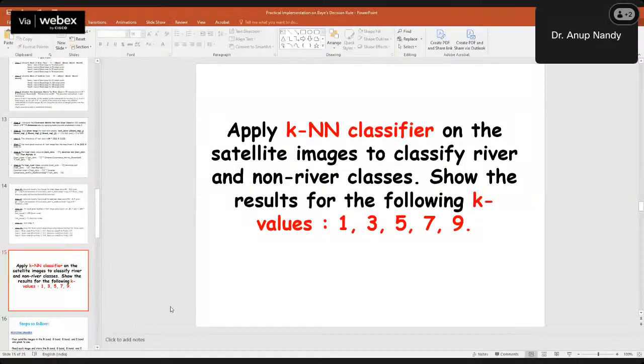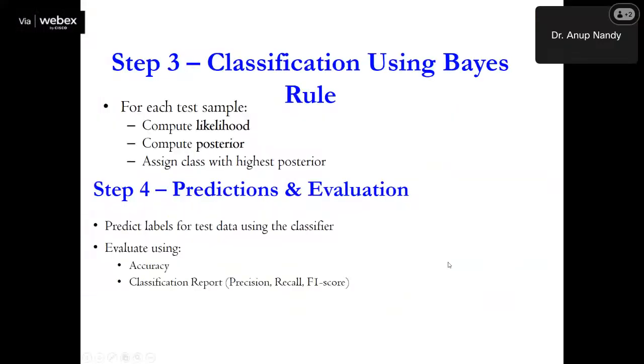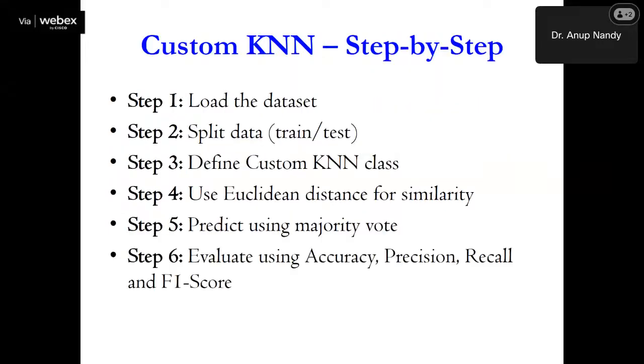Now I'll explain this portion, that you have already seen, how to implement it in KNN with the iris dataset. So the steps are: load the dataset, split the data into training and test, and define the custom KNN class, using Euclidean distance for the similarity measurement. Then predict using majority vote, then evaluate all these things. Let me show you this Python code so that you can do it by yourself also.